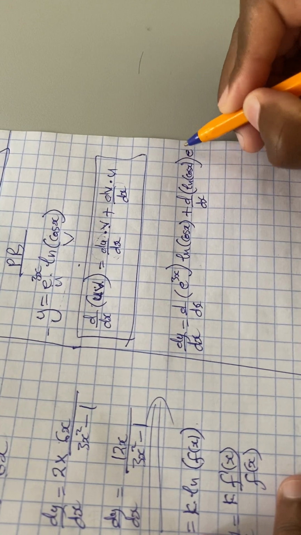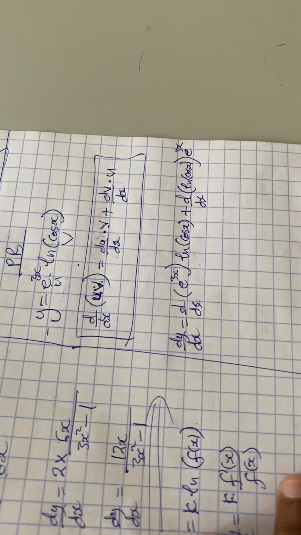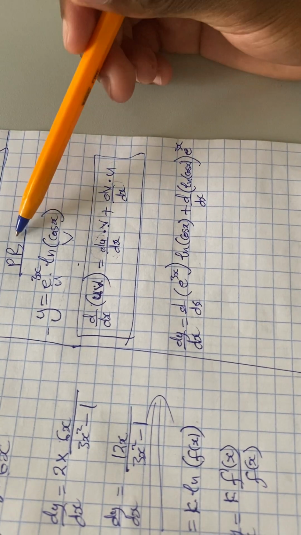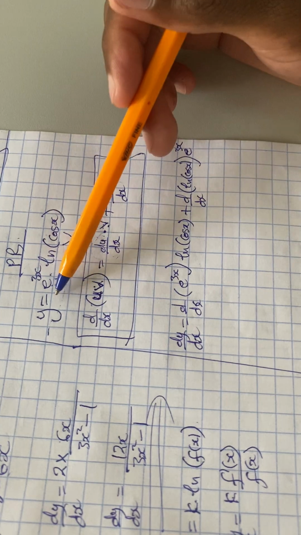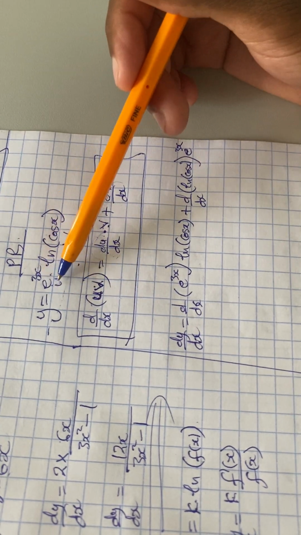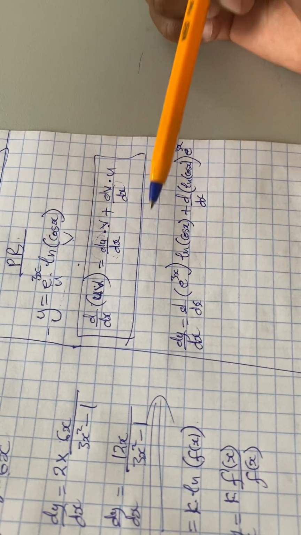Our exponential function, 3x. So this is it basically. Now we're applying the product rule in finding the first derivative of this function. This function contains the exponential graph and the logarithmic graph.